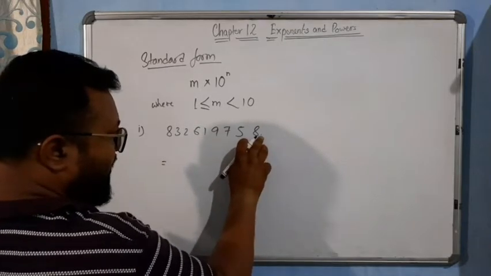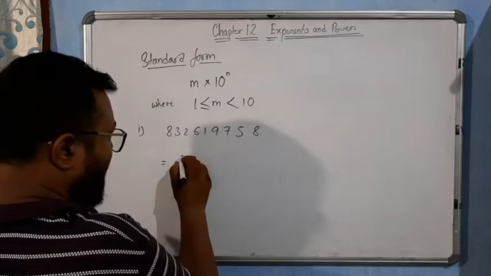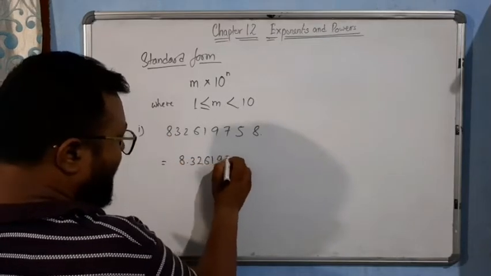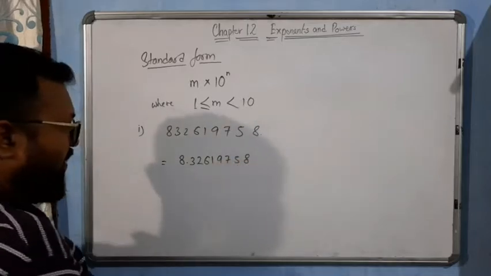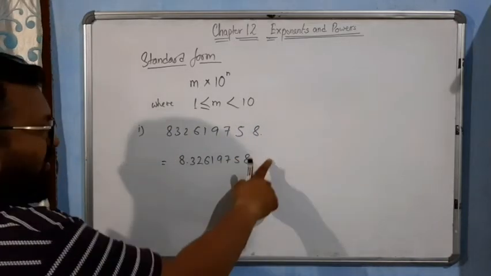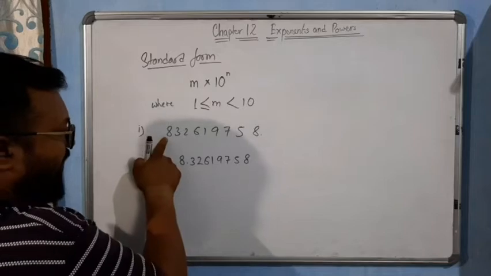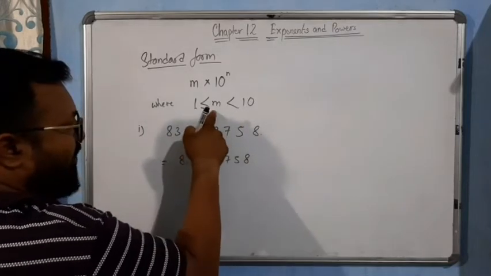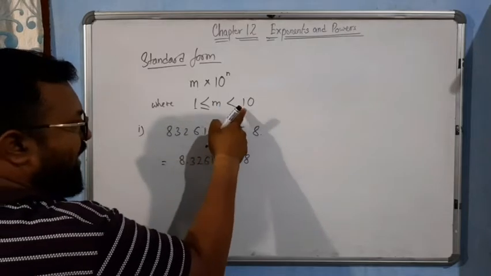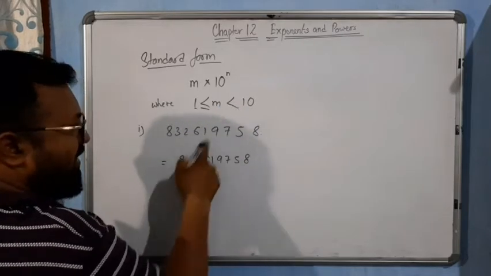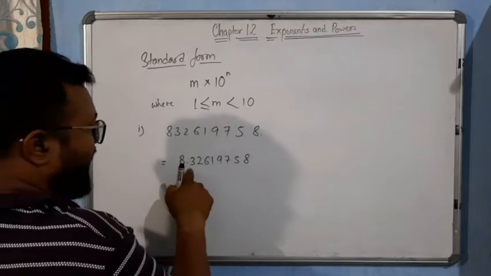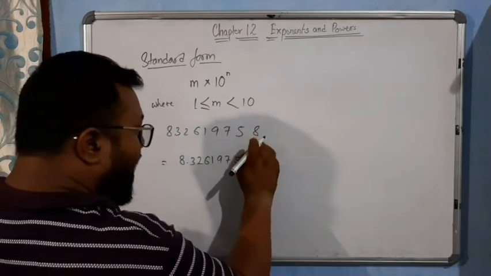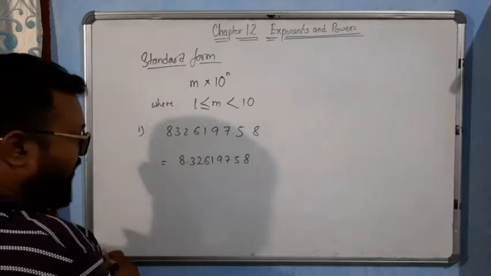If we shift the decimal to between 8 and 3, we get 8.32619758. Is it following the criteria? 8.3 is less than 10 and greater than 1.